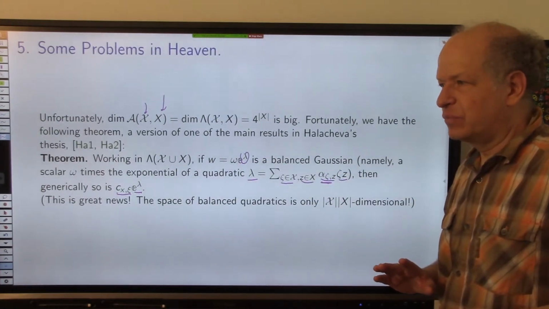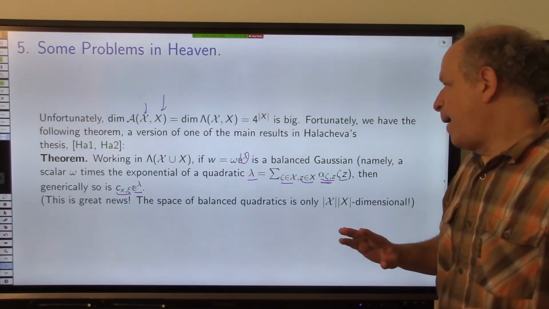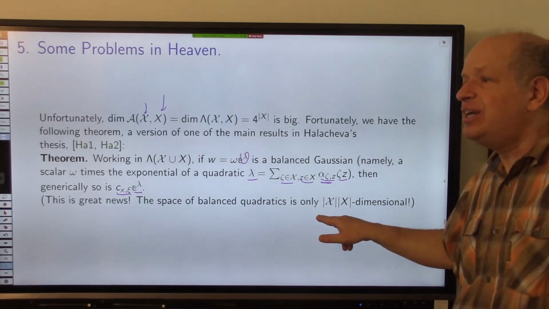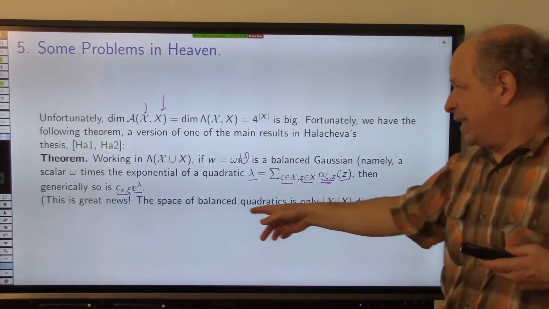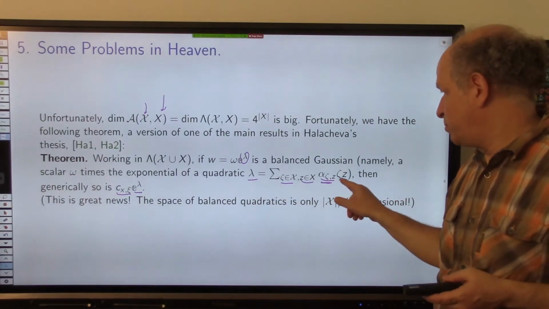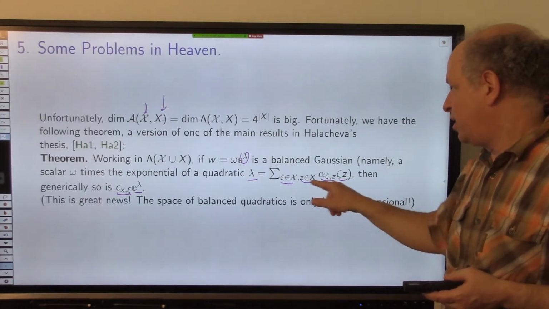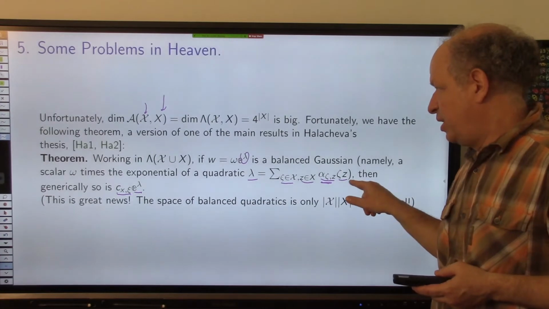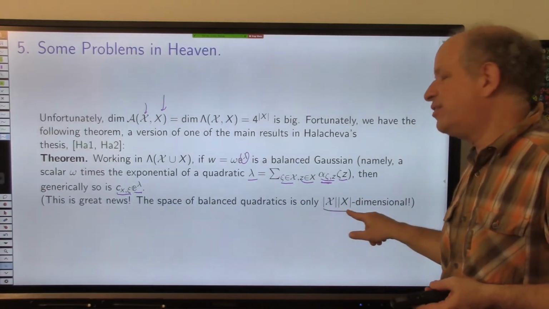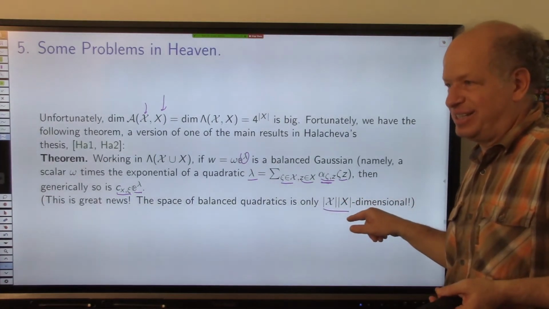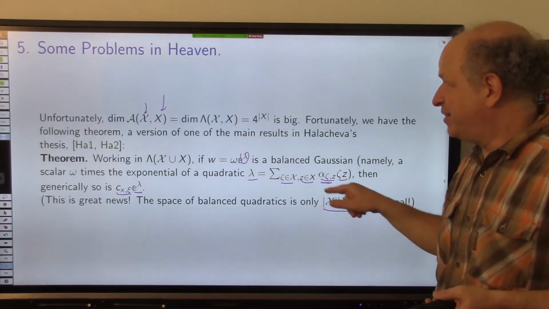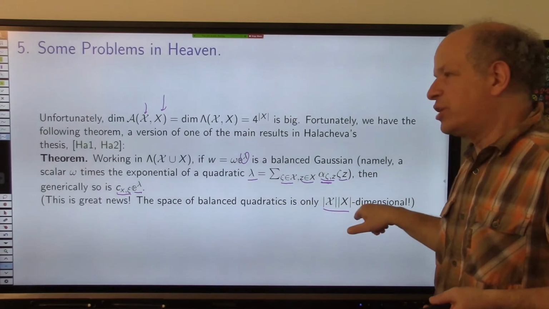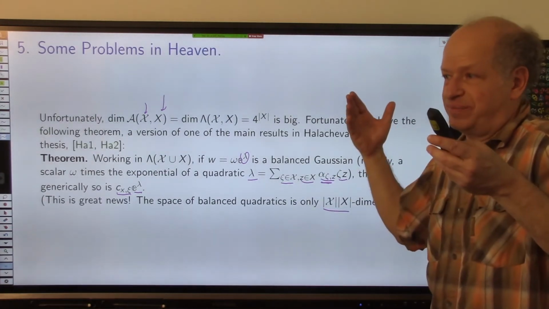Okay? So, the space of balanced quadratics is tiny. The dimension of it is basically the number of terms that could occur here. And this number is just quadratic in the number of ends. So we've gone down from exponential to quadratic, which is great news.